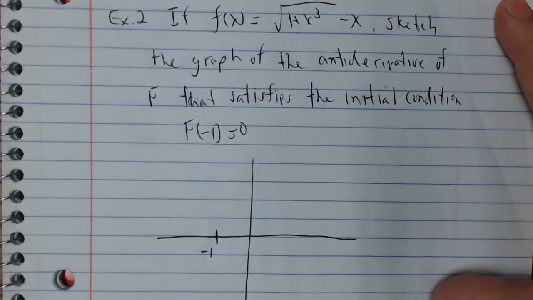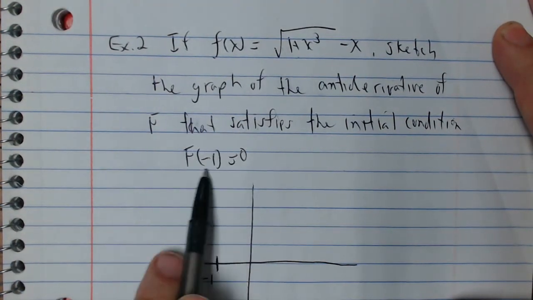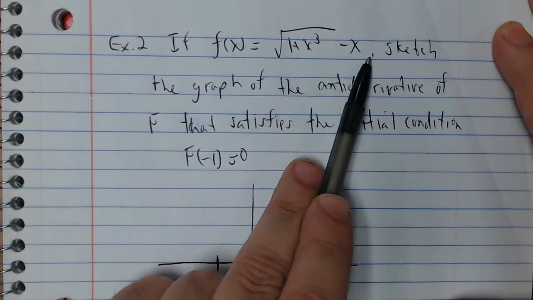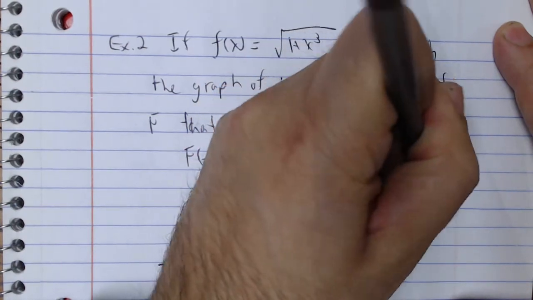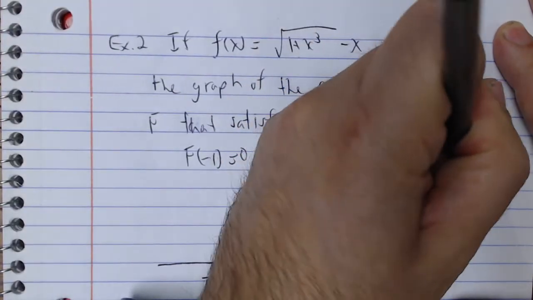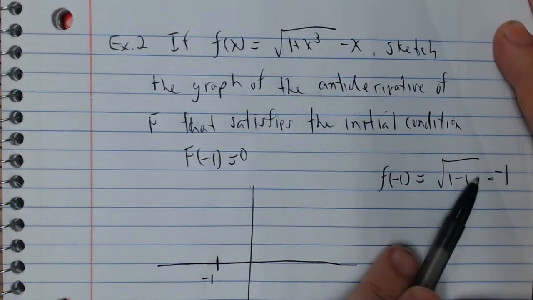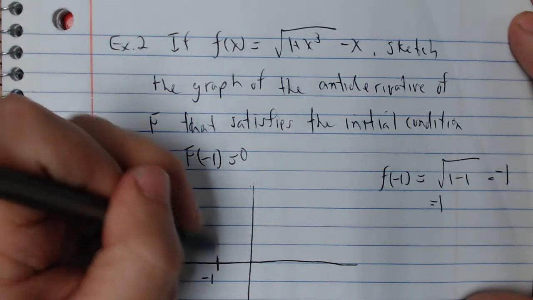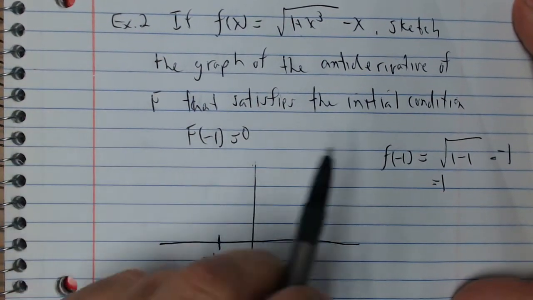And what do we know? As long as x is -1, what are the slopes of the tangent lines going to look like? Well, how do we figure that out? We plug in -1 here. So if I come off to the side and say f of -1, which gives me 1 minus 1 minus -1, which these cancel out, and what do I get? I get a slope of 1. So what that means is when x is -1, the slopes of my tangent are always going to be 1.